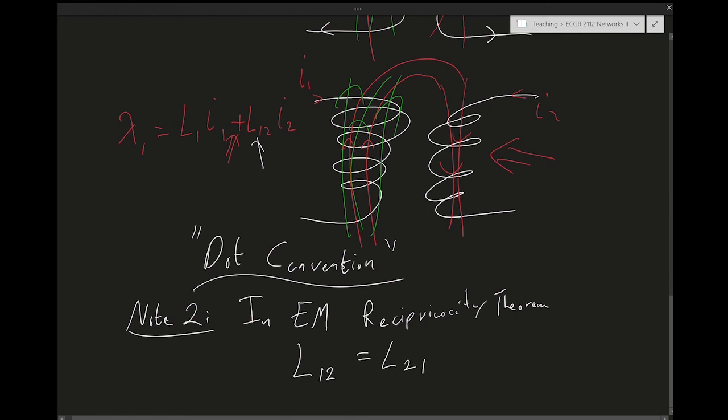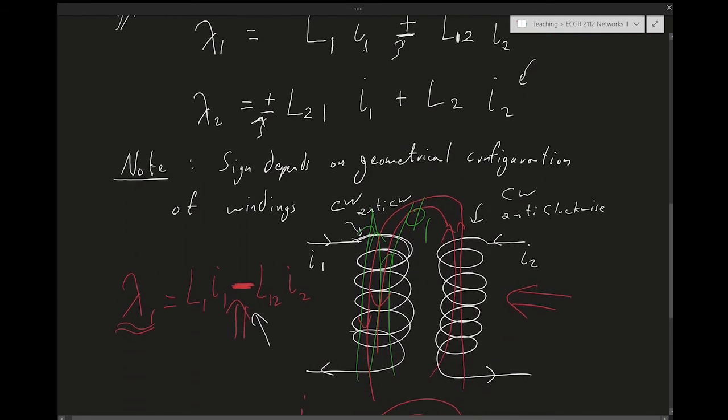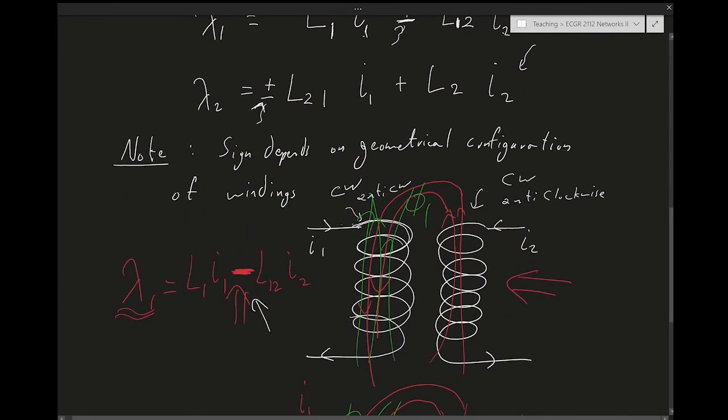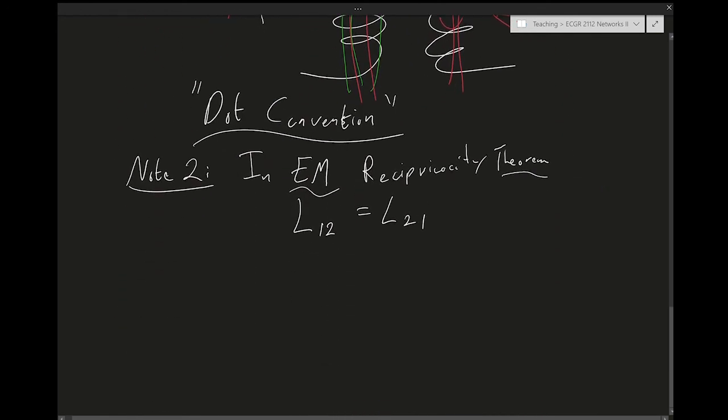The mutual inductance at coil 2 due to coil 1 equals the mutual inductance at coil 1 due to coil 2. This is a basic theorem in EM theory. It tells you that it doesn't matter where you inject the current, whether I consider I1 to be or I2 to be, whether I inject the current from the right hand side or the left hand side, I will get the same effect. So you have to study EM to prove the theorem, but we can take it as a fact.